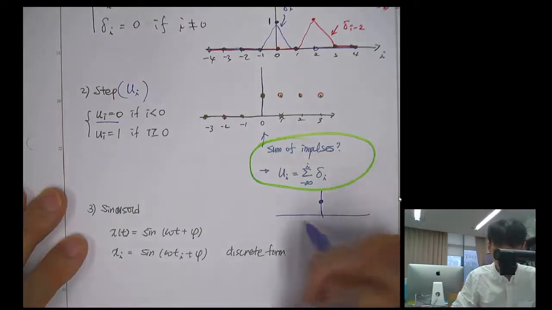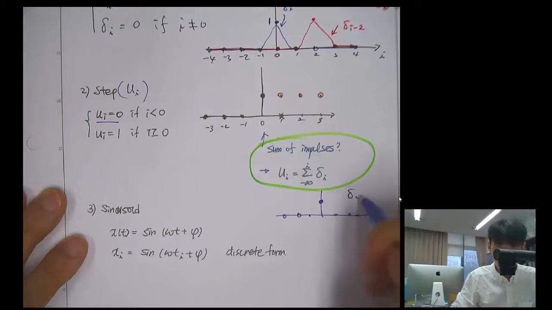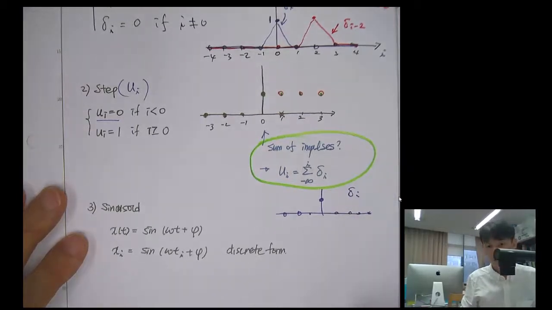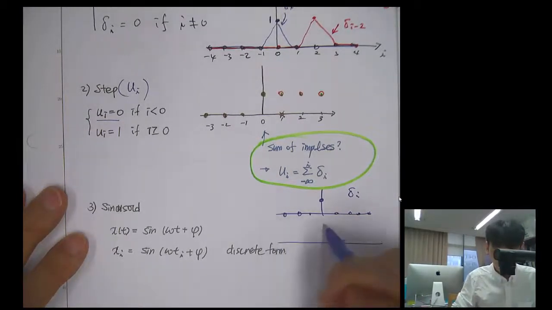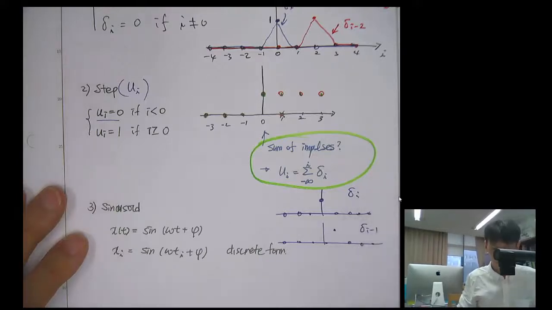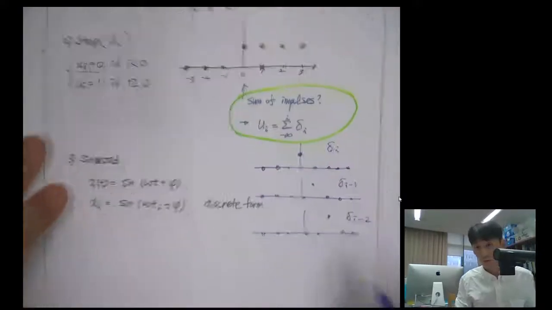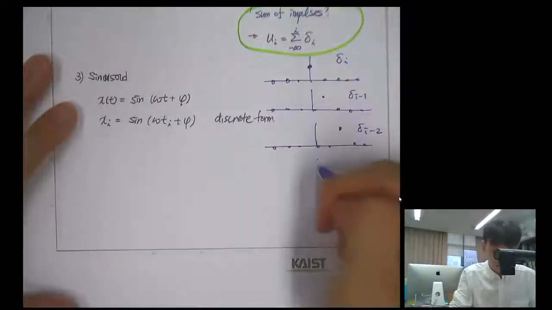This is 0, 0, 0, 0, 0, 0, 0, 1, that is delta[i]. And it could be 0, 0, 0, 0, 0, 1, 0, 0, 0. So this is delta[i minus 1]. And the next one will be 0, 0, 0, 0, 0, 0, 1, 0, 0. That's delta[i minus 2]. And you can go on, right?